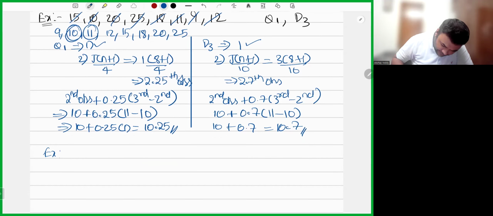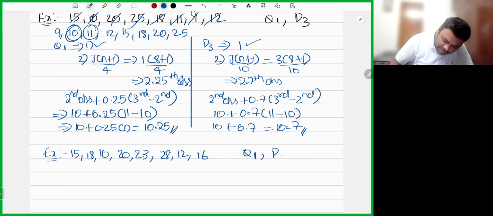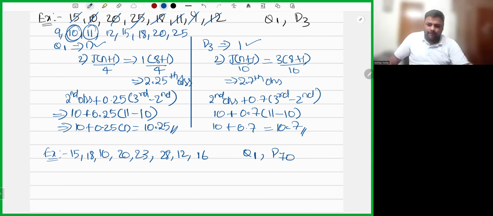Example: 15, 18, 10, 20, 23, 28, 12, 16. I want you to calculate quartile 1 and percentile 70. It is not in ascending order, so first arrange it in ascending order.